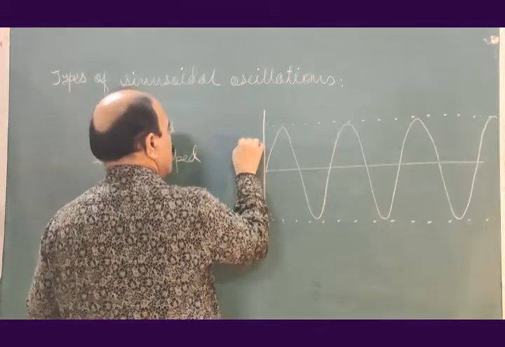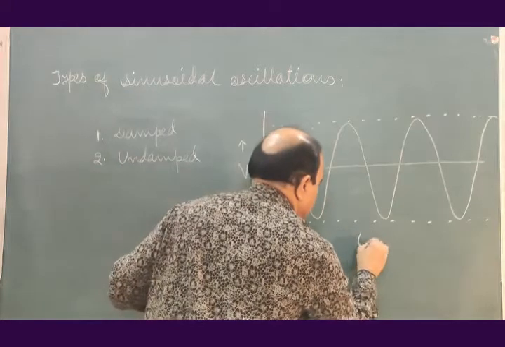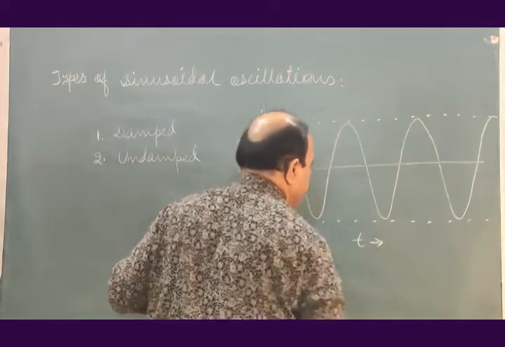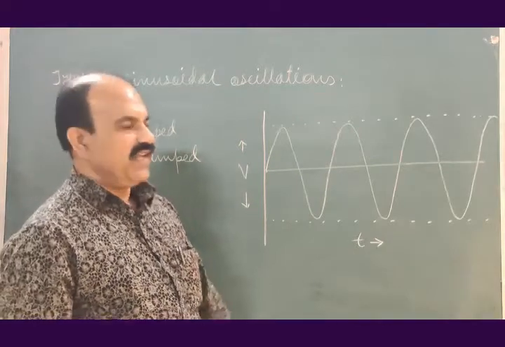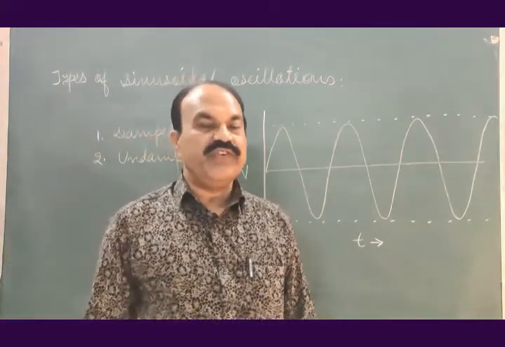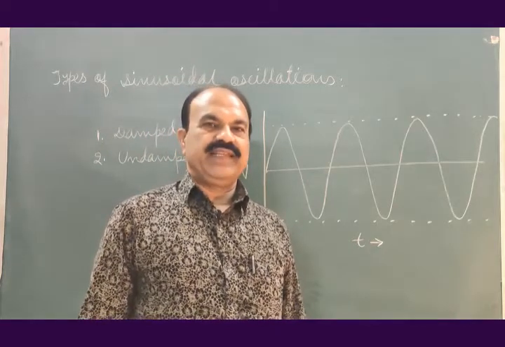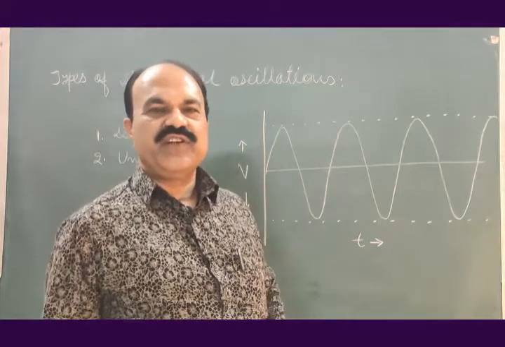The y-axis is the voltage axis, which gives the amplitude of the voltage, and the x-axis is the time axis. Let us have a look at this figure. What we find is that the frequency is not changing, the frequency is quite stable.